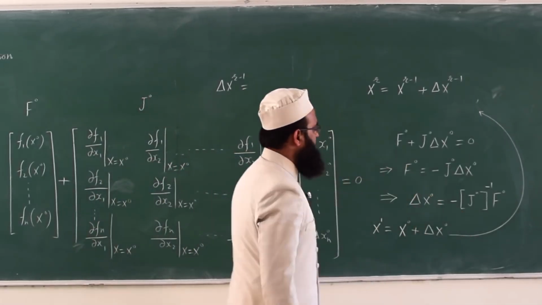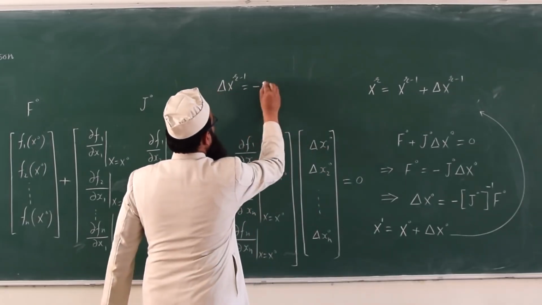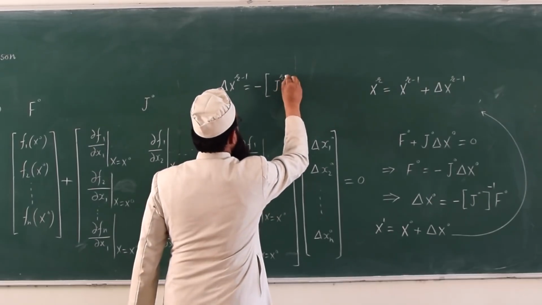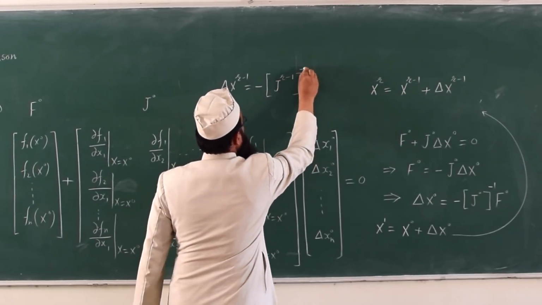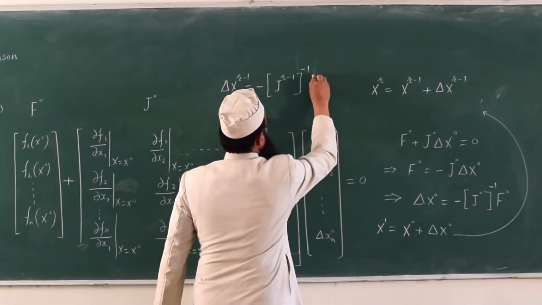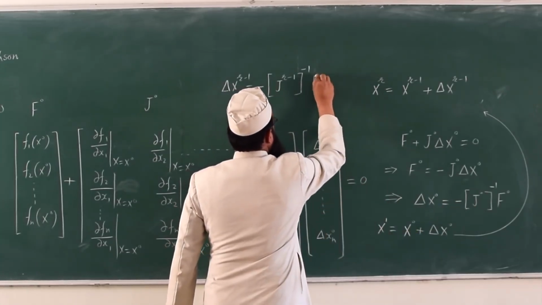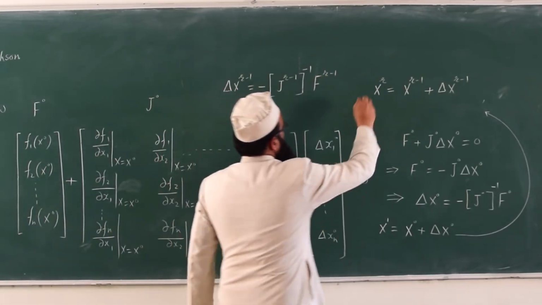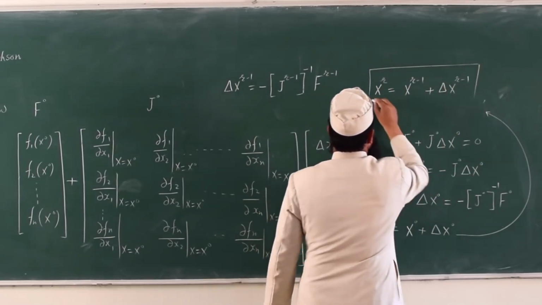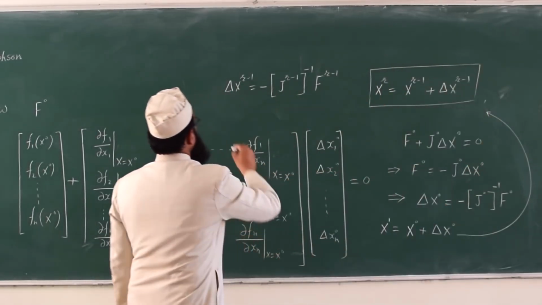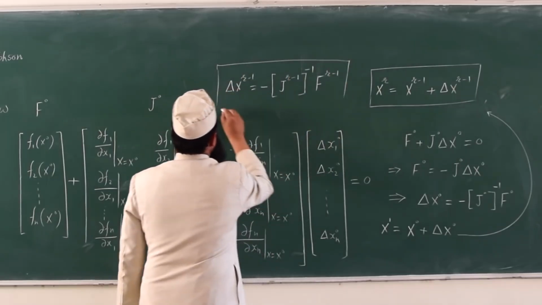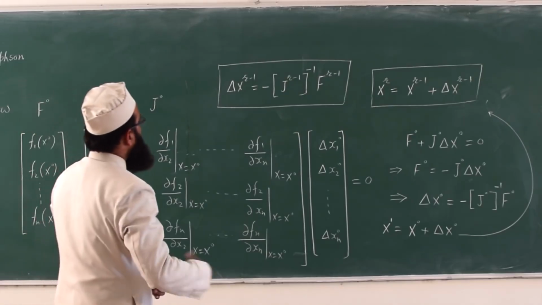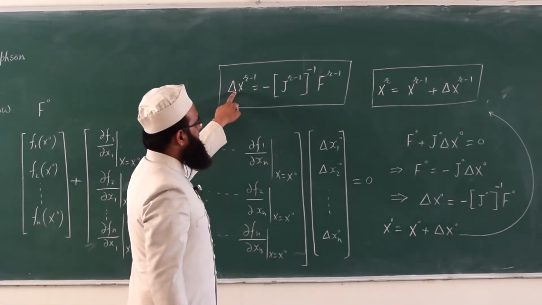So, del x r minus 1 may be written as minus the Jacobian matrix evaluated in previous iteration r minus 1, inverse, times f r minus 1. These two relations are important. So, calculate this del x and update this.